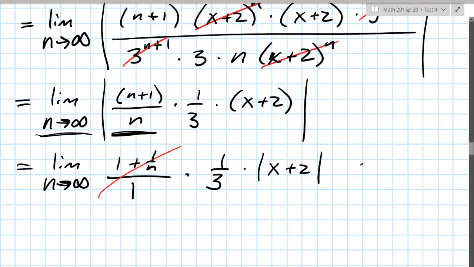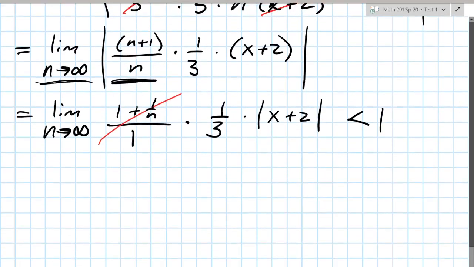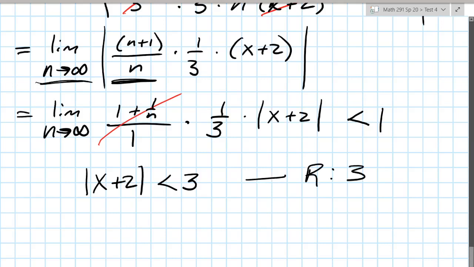And I want to keep this less than 1, which means I want to keep absolute value of x plus 2 less than 3. So that is our radius of convergence. It is r equals 3.